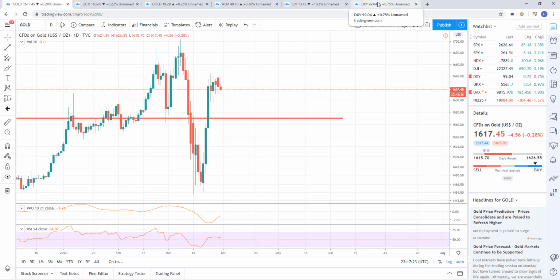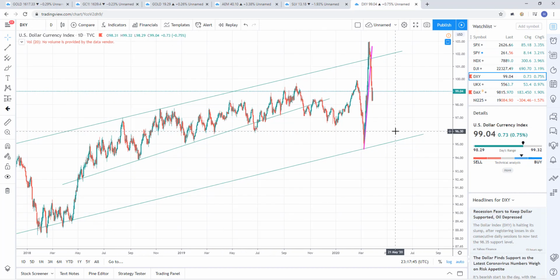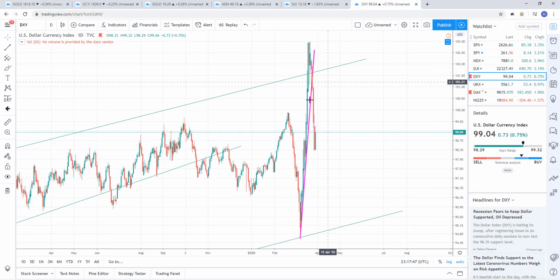So gold's been rallying for about a year. I've been onto this trade for a while, and about a year and a half I've been really onto the gold mining trade, and it's worked out really, really well. But it should continue. While gold was rallying, the dollar was also rallying. So now we're starting to see the dollar get a little weaker. Here's your dollar starting to break down a little bit.